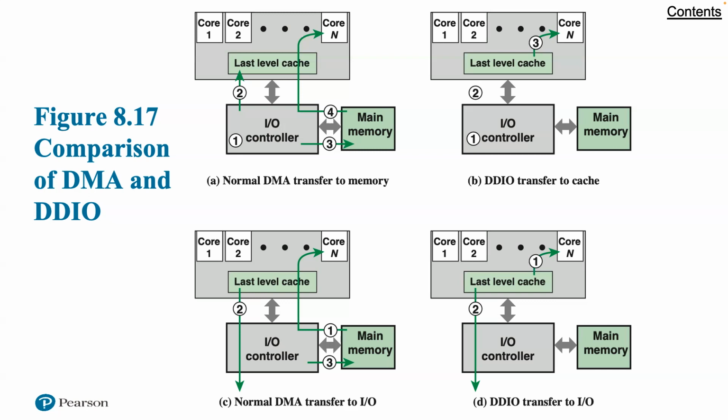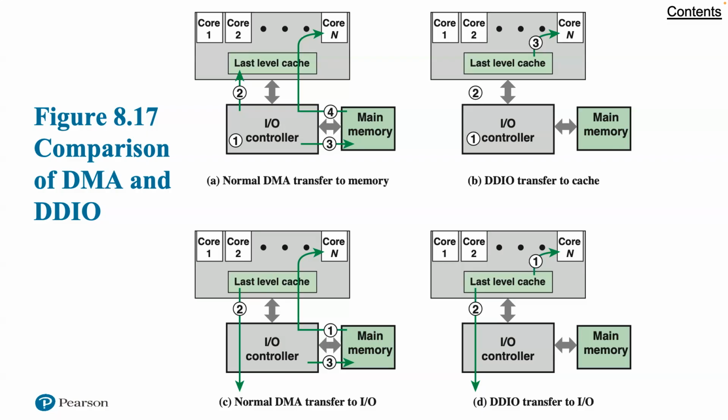The NIC initiates a memory write 1. Then the NIC invalidates the cache line corresponding to the system buffer and deposits the incoming data in the cache 2. Finally, after the appropriate core receives a DCA interrupt signal, the core can read the packet data from the cache 3.